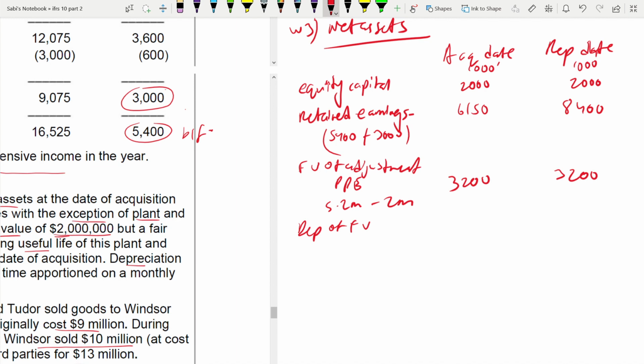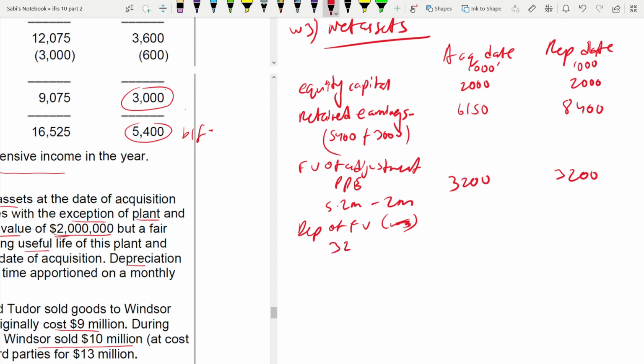For this, you need a separate working. We'll put it as working 5. Or if you want, I will directly show you the depreciation part. If you see, fair value is 3.2. Now it has been for 4 years, so this fair value, I will not put in a working but directly put it here.